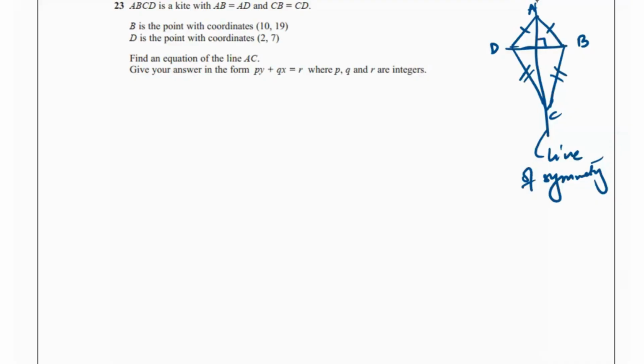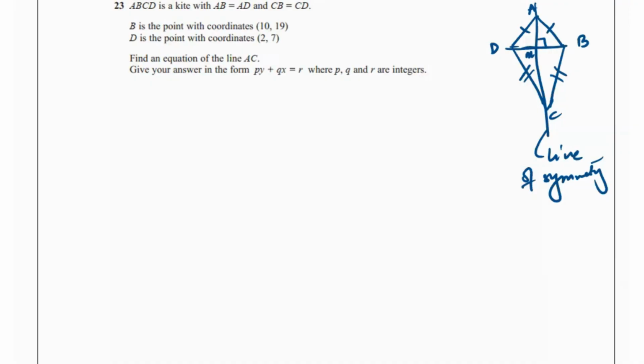And if AC is a line of symmetry because it's dividing the shape into equal lengths, this point M is the midpoint of the line DB. So you need to be very familiar with your shapes so that once you're drawing a rough sketch, you automatically figure out what you need to find instead of wasting time on finding extra things.